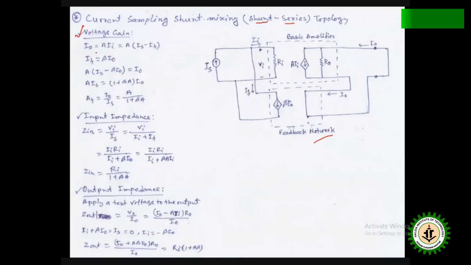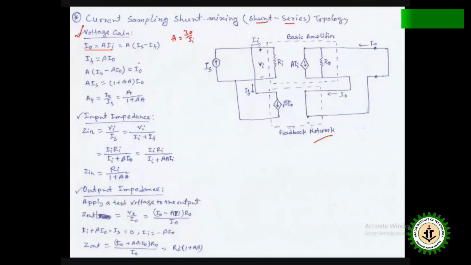So we know I naught is equal to A_I Ii, because here the basic amplifier is nothing but a current amplifier. So I naught is equal to A Ii. That means we know A is equal to output current by input current.